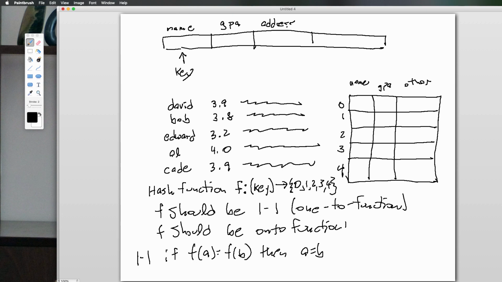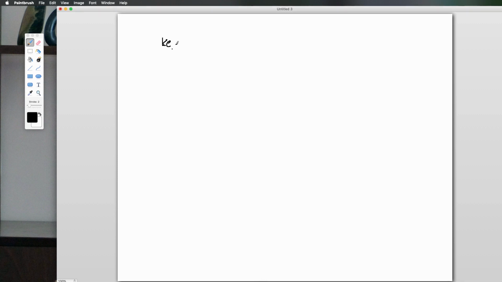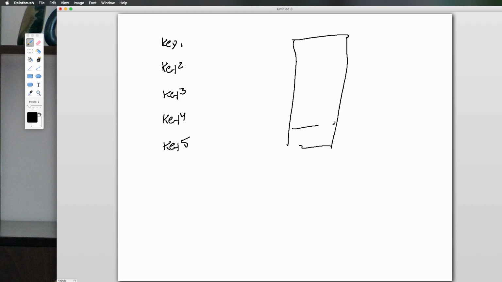So basically the way to think about this, I'm going to come over here and I'm going to say I've got key 1, I've got key 2, I've got key 3, I've got key 4, and I've got key 5, and I've got this table over here, 0, 1, 2, 3, 4.